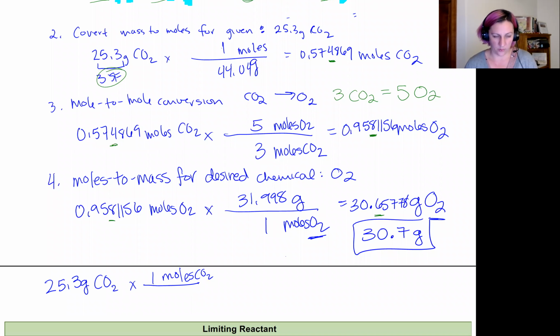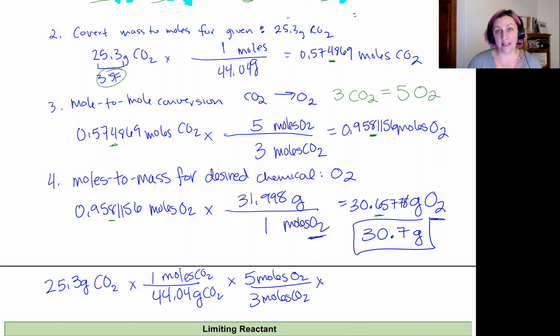Let me get a little more space there. With the molar mass. Then I would do the mole to mole conversion for the second step. And then I would convert into mass for the third.